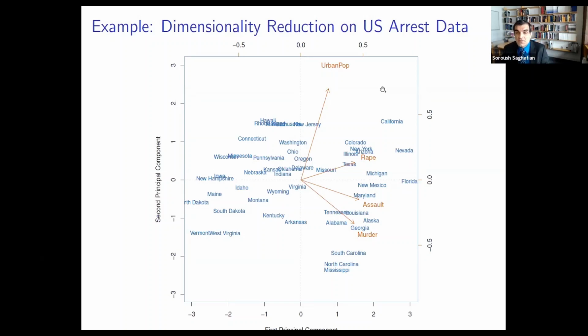So for instance, when you show this to a policymaker, they immediately know that New York and Arizona are close, but New York and Arizona are far from California. And now if New York and Arizona want to be, let's say, closer to California, these are the type of things that they need to do.